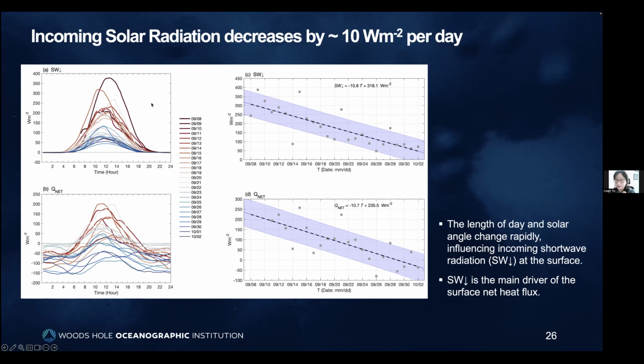If I collect the peaks of downward solar radiation and make this diagram, I can see the downward radiation is reducing at about 10 to 11 watts per meter squared per day. And the total Qnet is also driven by the downward radiation. It also decreases about 11 watts per meter squared per day, so the pace of decrease is quite similar between the two, which shows the dominant forcing of solar radiation.